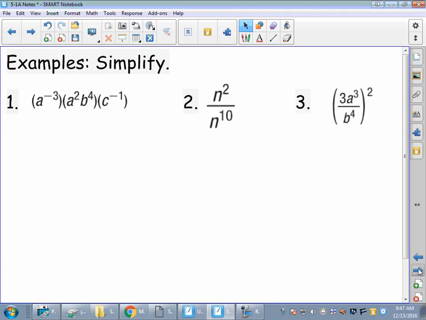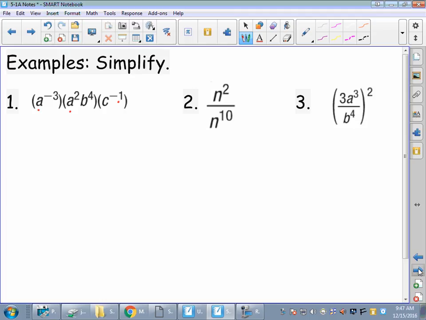So we'll go through a couple of examples here. We're going to simplify. There are lots of different ways we can simplify; there's more than one right way. In this particular example, I see that I have a couple bases of a, and then one base of b, and then a c with a negative exponent. The parentheses next to each other, all the terms written next to each other, show me that this is one great big multiplication problem.